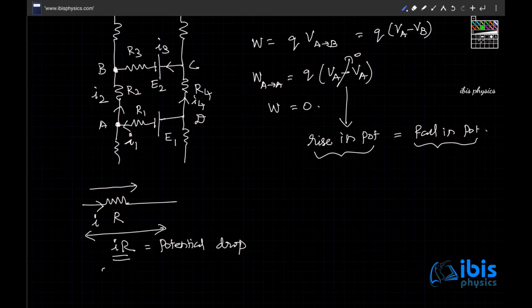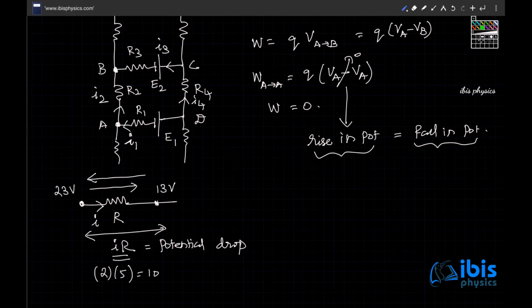Suppose this current is 2 ampere and this resistance is 5 ohm, then the potential drop is 10 volt. That means if this point is at 23 volt, this point will be 23 minus 10, which is 13 volt. But if you move opposite to the direction of flow of current, the potential increases. If this is 13 volt, this is 23 volt.